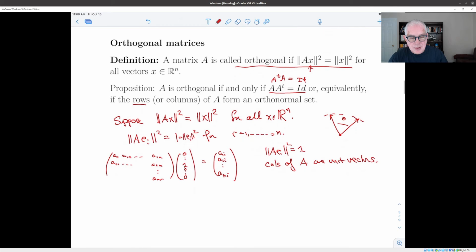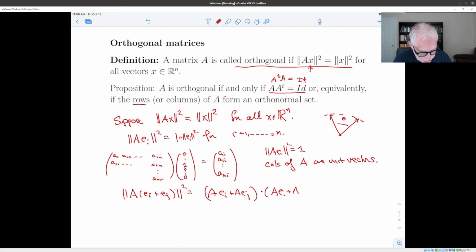What about, how do we know that they're orthogonal? Well, for that, let's look at A times (ei + ej). So what is this? This is the dot product: Aei plus Aej dotted with Aei plus Aej.